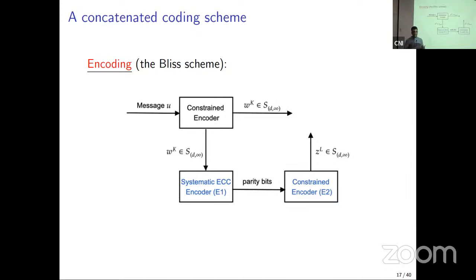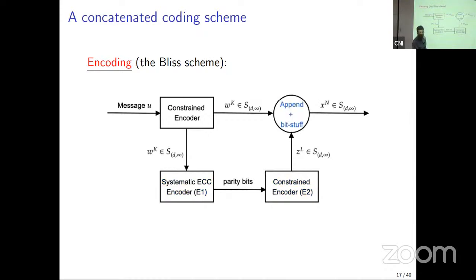And I want to introduce error correction, right? I want to correct the kinds of errors that the channel may introduce. So I have a systematic error correcting encoder here, which produces parity bits, and I encode those parity bits again using the constraint encoder. Okay, so there are many encoders here, and these are all put together and appended to get a final constraint sequence.